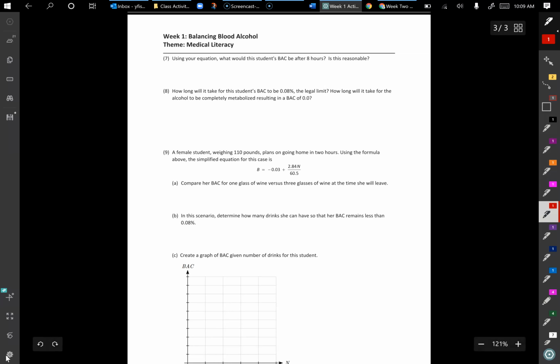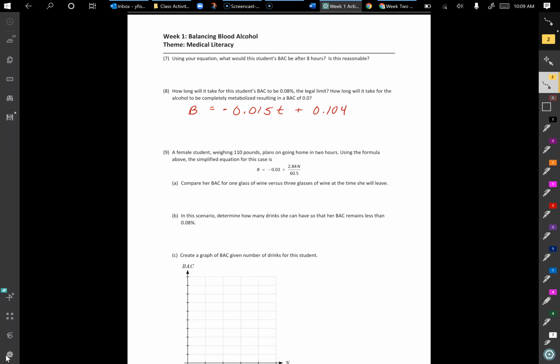I know I've had a couple of questions, but the simplified equation is B equals negative 0.015t plus 0.104, so you can check you got that right. That's what that came out to be. And in this case, we're trying to find the time, how long it'll take for B to be 0.